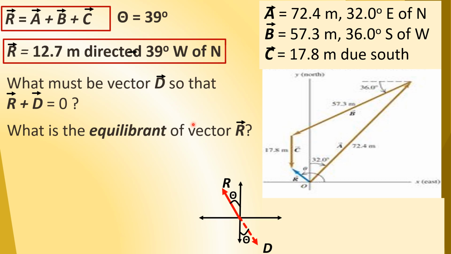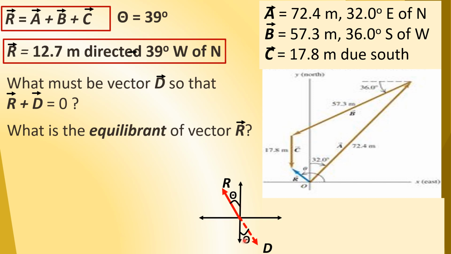Alright, what is the opposite angle of 39 degrees west of north? A little analysis of your geometry will tell you that this angle here is the opposite vertical angle to 39 degrees.